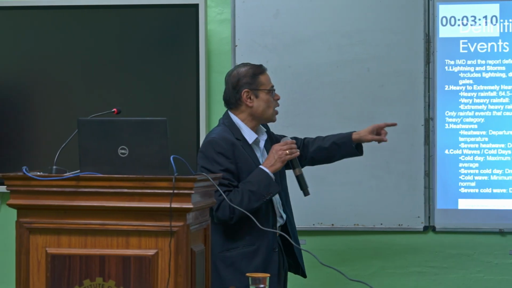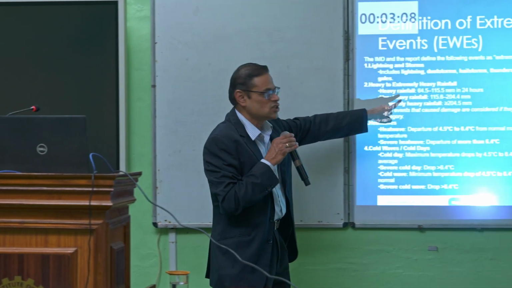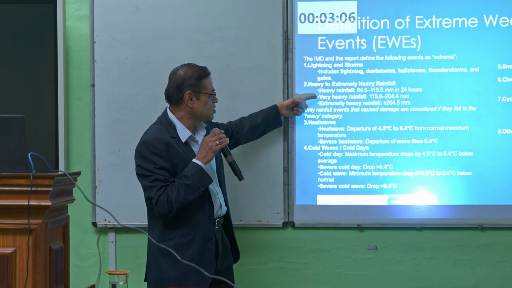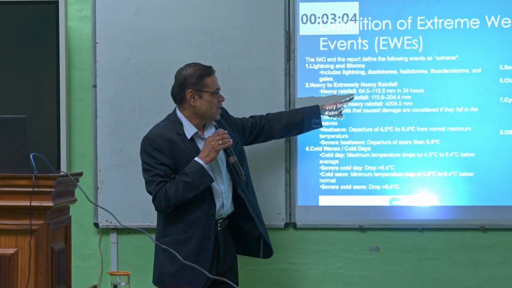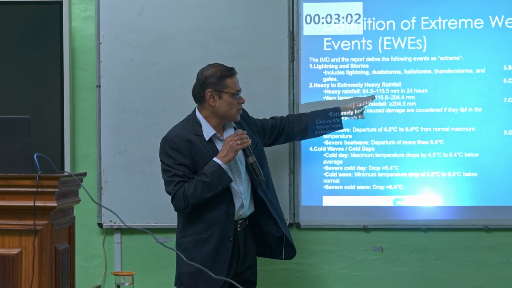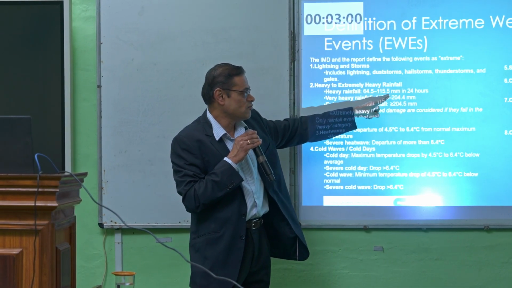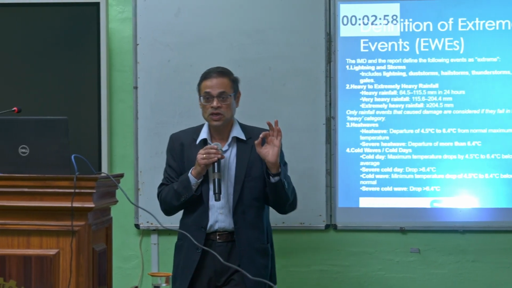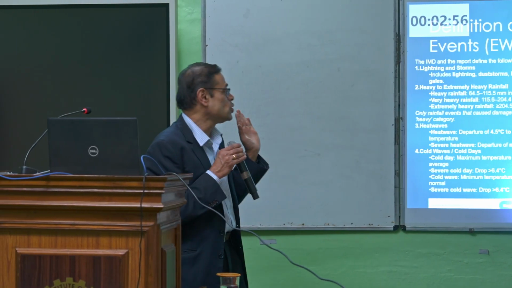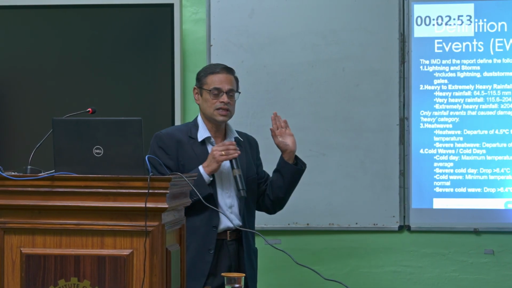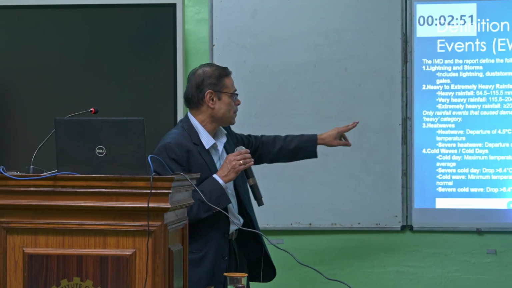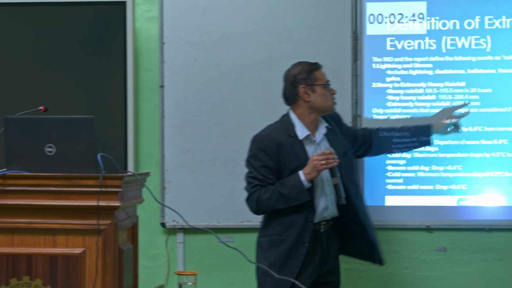So you can see the report is complete in some sense, but there are opportunities for us to do some research on these topics. Now coming to the definition, this is based on IMD research, heavy rainfall, anywhere from 64.5 to 115.5 millimeters in 24 hours. It's about 2 inches of rainfall, 2 to 3, 4 inches of rainfall, let's say, in 24 hours.